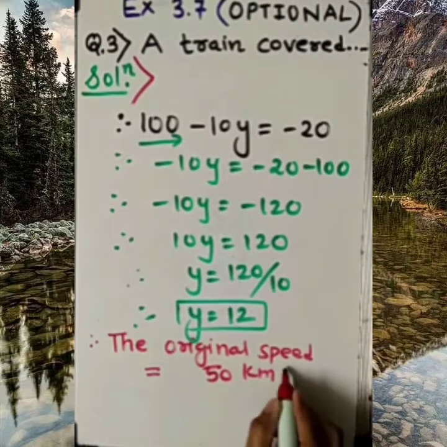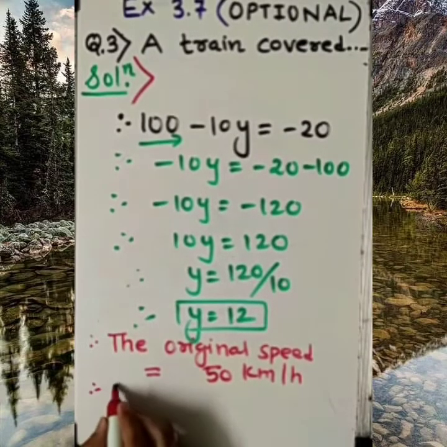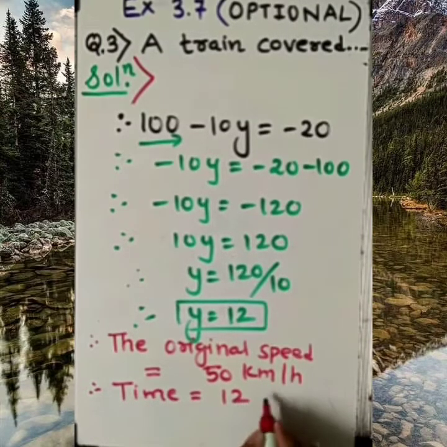Our answer for x was this. And the time taken to complete the journey is 12 hours. Clear to you? But they have asked for the distance of the journey. We have not got that yet.